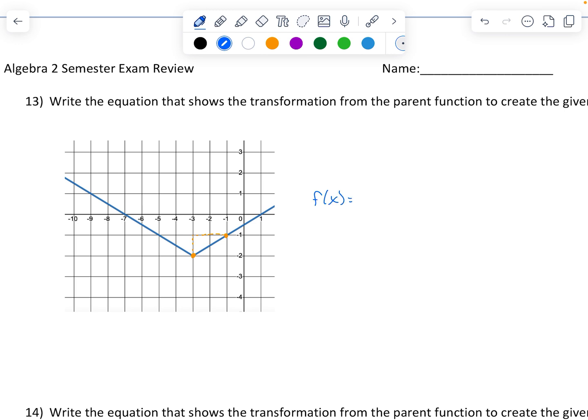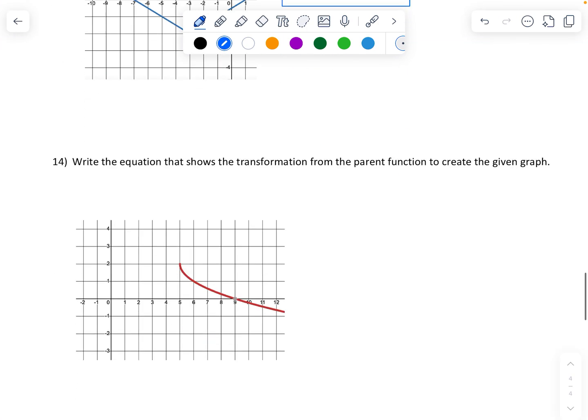So f of x equals 1/2 absolute value of x. Now, normally absolute value looks like this, the parent function. And so our vertex has been shifted left 3, down 2. So left 3 is plus 3 on the inside, and down 2 is minus 2 out there. So that's how you get that from a graph.